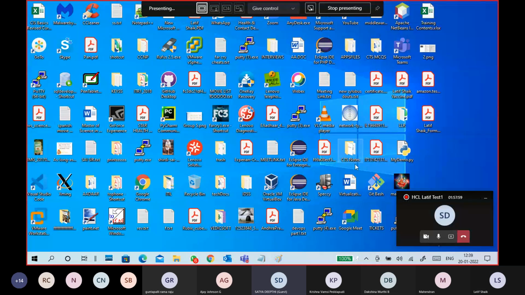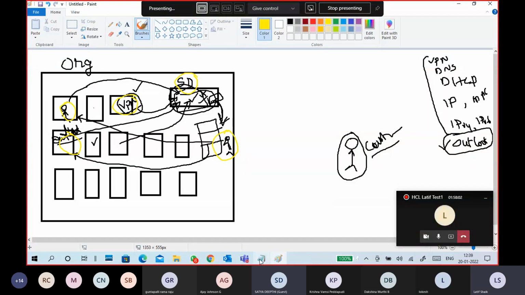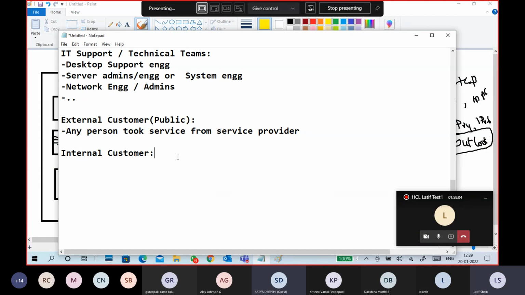The service desk and technical team are inside the organization. Correct. So the service desk and the users or customers are not in the same organization. I call it the technical team, or you can say IT support, also IT employees.